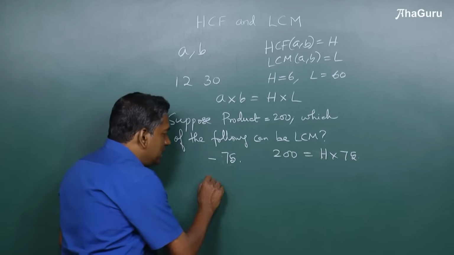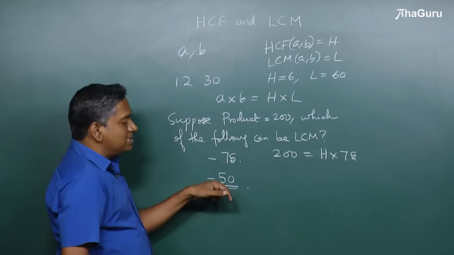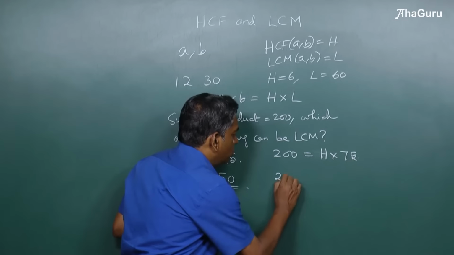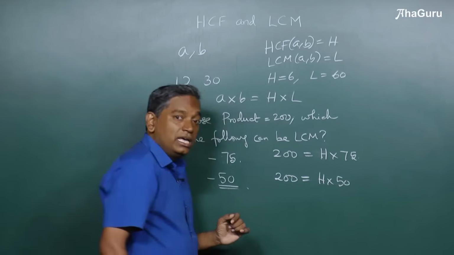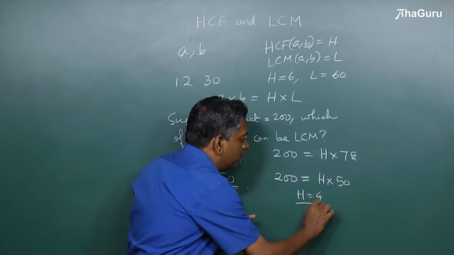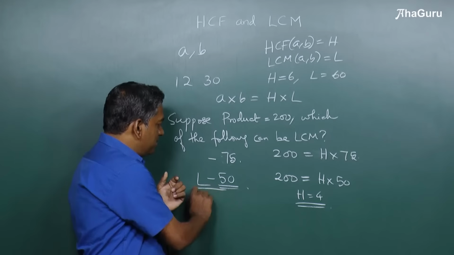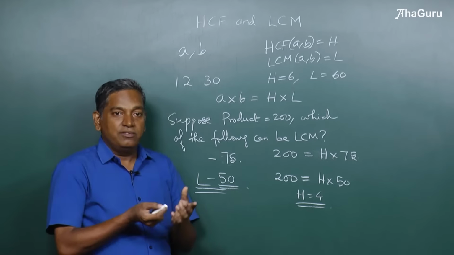But suppose the choice given is 50. Can the LCM be 50? And so what you will see is 200 is H times 50. And when you do this, you will get H is equal to 4, which is actually a natural number. So many people think the LCM is 50 and HCF is 4 can actually work.